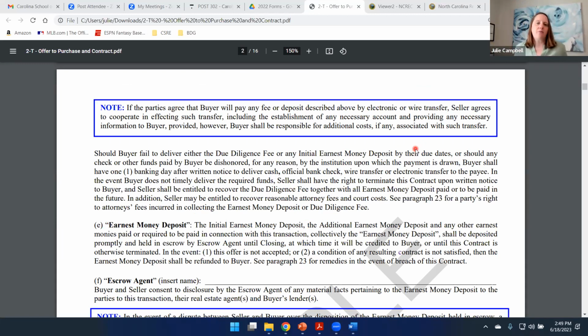Seller agrees to cooperate in effecting such transfer, including the establishment of any necessary account and providing any necessary information to the buyer, provided, however, that the buyer shall be responsible for additional costs, if any, associated with the transfer. So if there's a fee to do that Cash App, for example, the contract says that the buyer is going to be responsible for paying those additional costs.